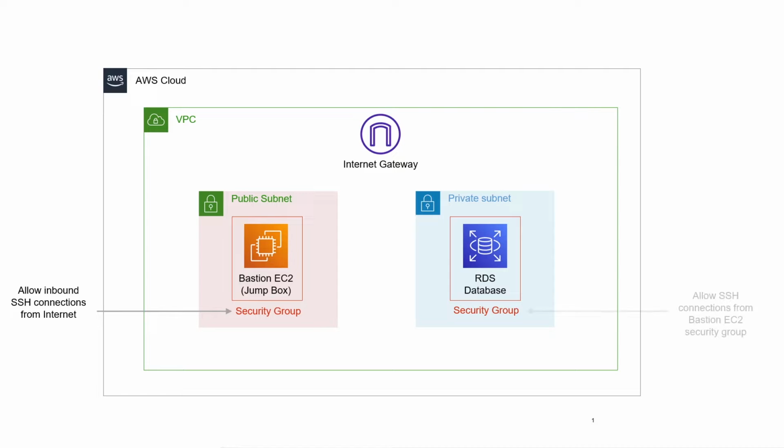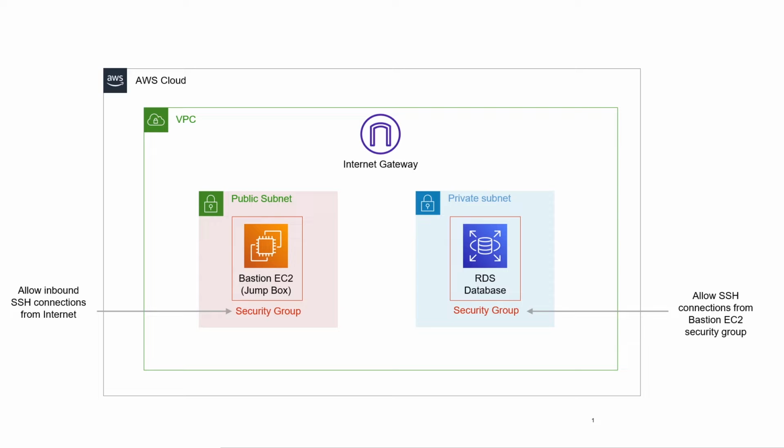You need to modify the security group of the RDS database instance to allow SSH connections from the Bastion EC2 security group. So these two things are related, the EC2 security group and the RDS security group. We need to effectively whitelist the Bastion host security group so that it can interact with the RDS instance's security group. If that doesn't make sense to you right now, don't worry about it. It's going to make sense when we get to it a little bit later.